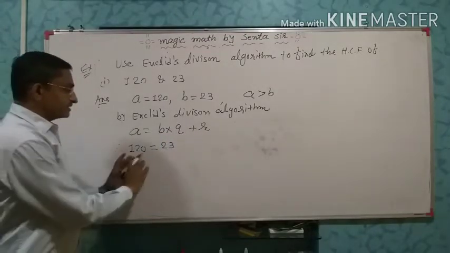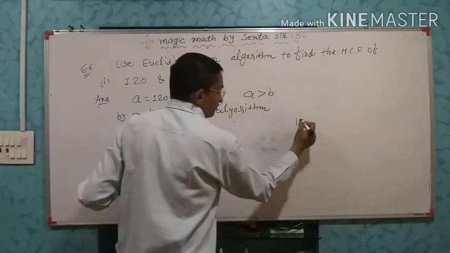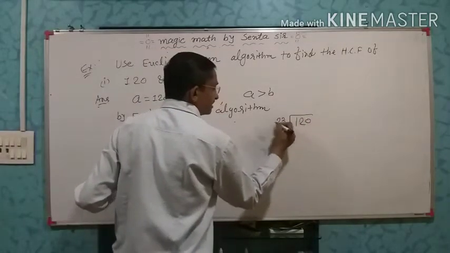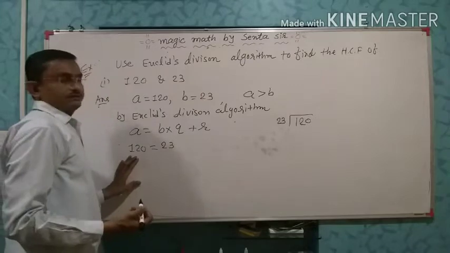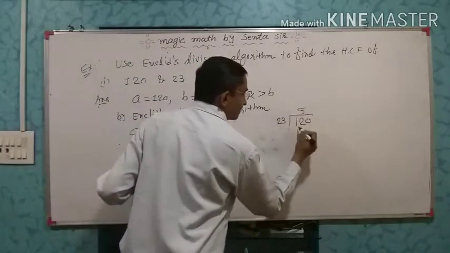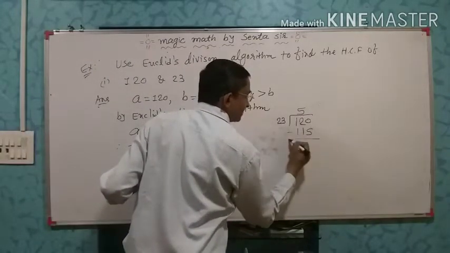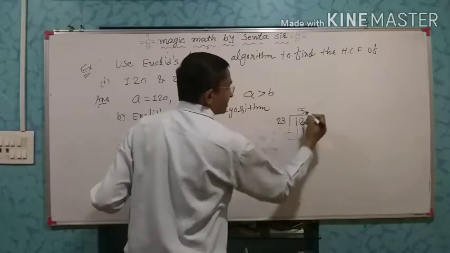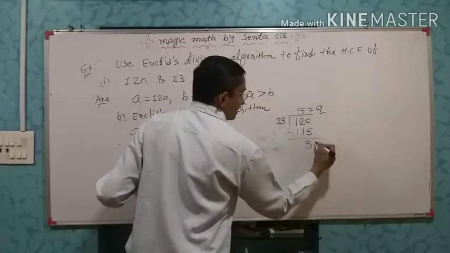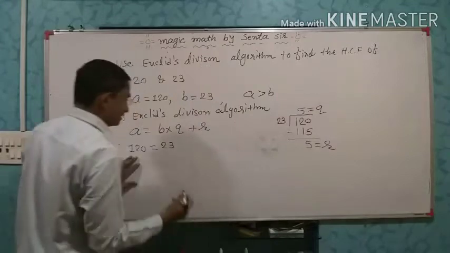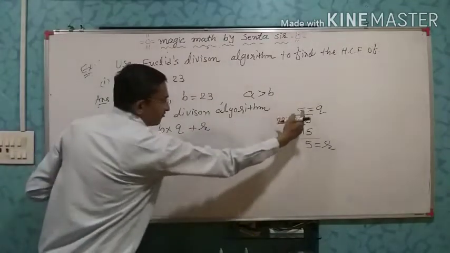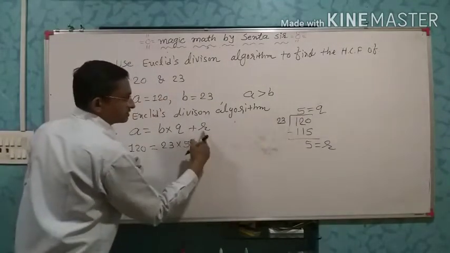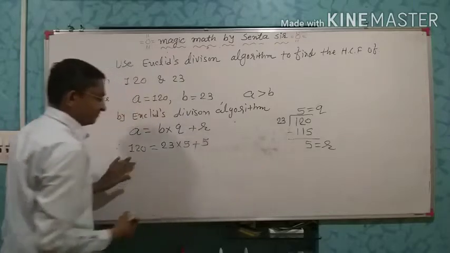We take division of these two numbers, 120 divided by 23. 23 5s are 115. So 5 is quotient and 5 is remainder. Quotient कितने आया? 5 plus remainder 5.